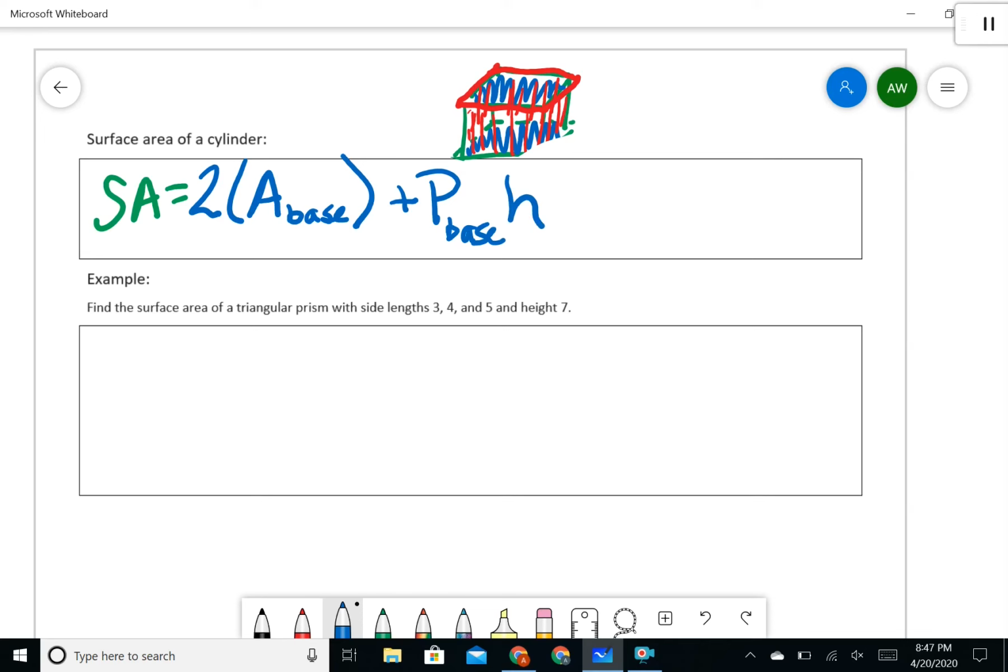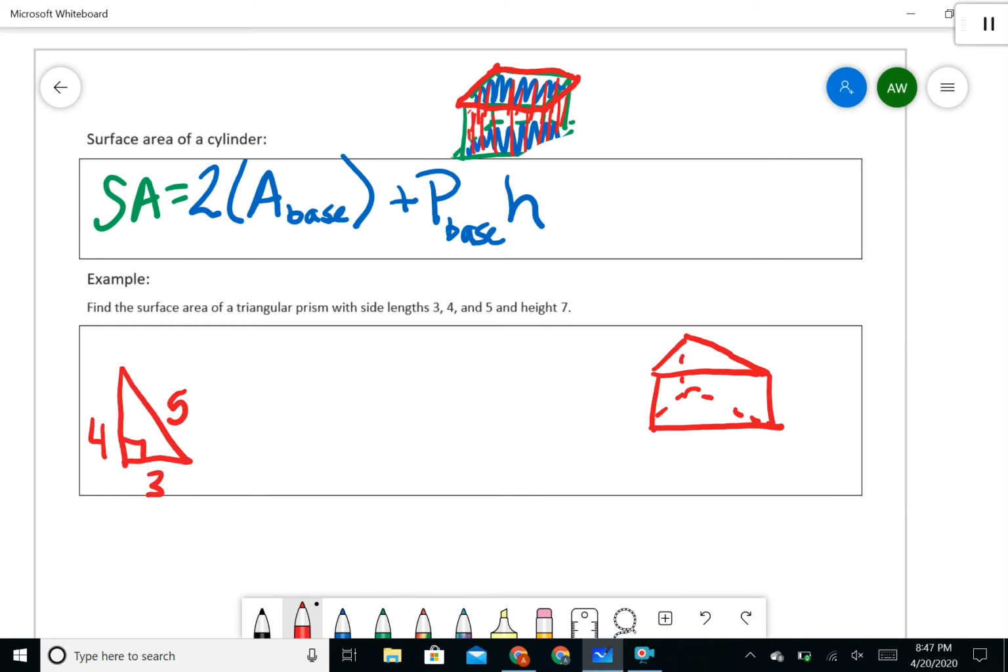So let's do the surface area of our previous example. Let's think about that same triangular prism where I have 3, 4, 5. Now my base is the same. We already figured out that the area of a 3, 4, 5 triangle, the area of the base, is 6.